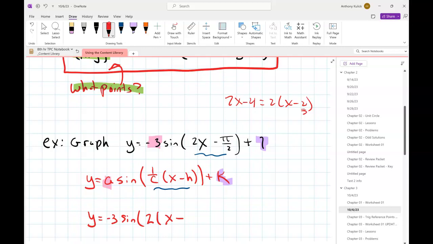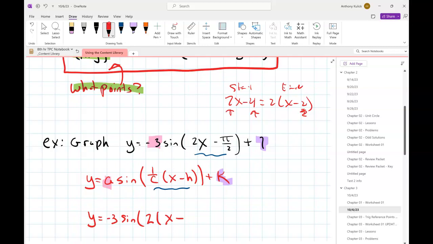We started here, and we ended here. What math did I do in my head? I took the 4 and I divided by the 2. Everybody agree that that's what you did in your head?